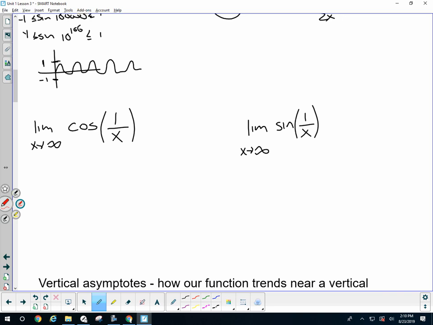And I will say, don't worry if you got it wrong, because it's tricky. Think about plugging in a large value for x.